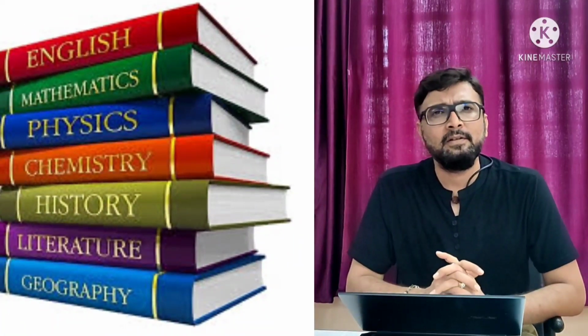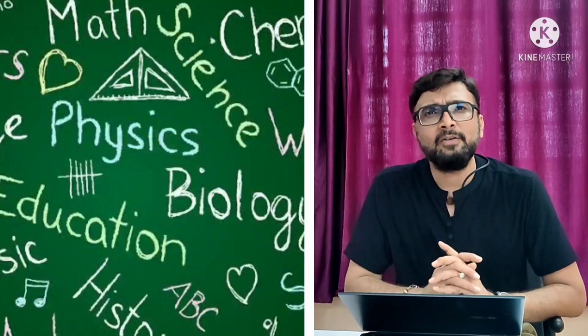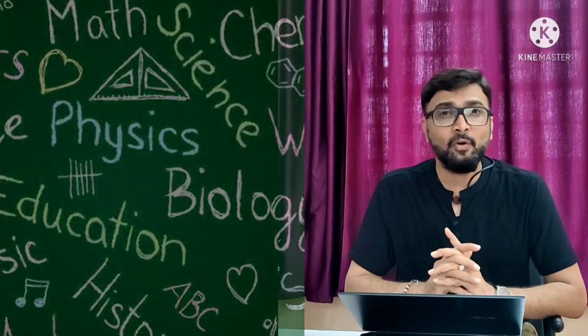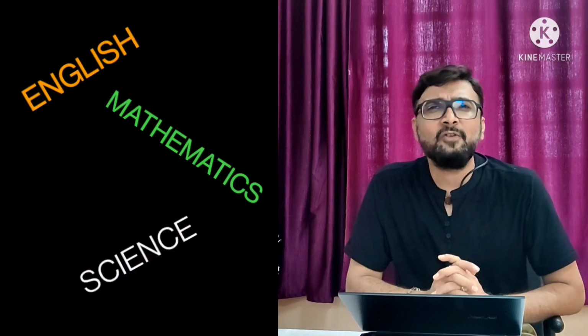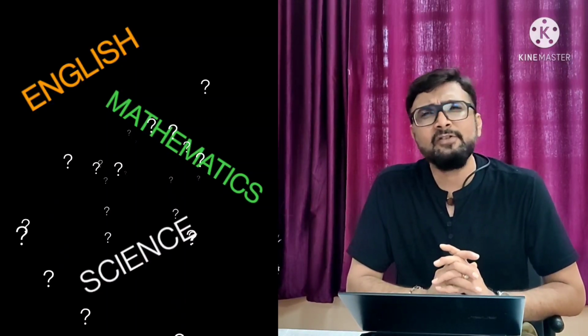Then we'll move towards the subject. We have never thought about the subjects that we study. What is English for you? What is maths for you? What is science for you? Have you ever tried to find out what these subjects are to you?